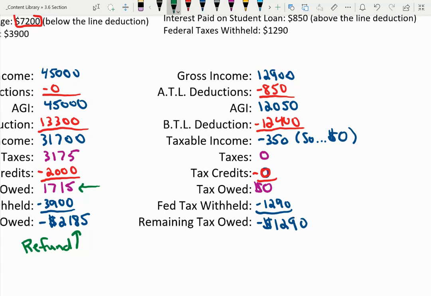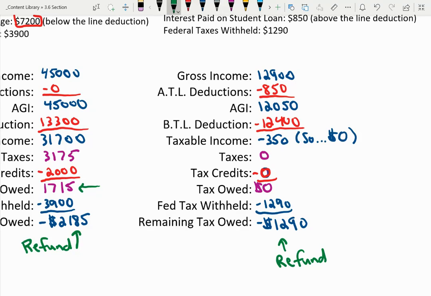And that is also a refund. So that's what happens to a lot of people that are making money and it's less than that standard deduction. They end up not really owing any taxes. And then if their employer was holding out money, they get all that back because they didn't know.